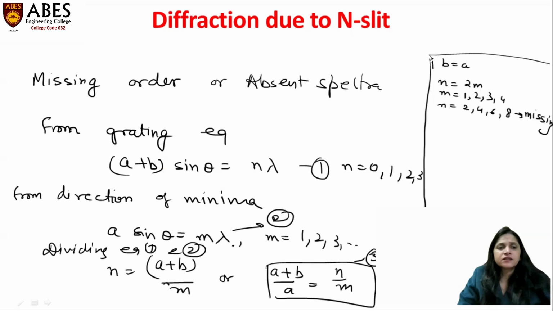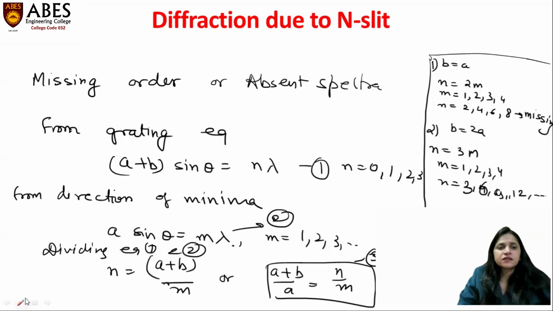Similarly, consider another case: suppose b equals 2a. That is, the width of the opacity is double that of the transparency. Then n becomes 3m. Again, when we put the values 1, 2, 3, 4, we get n equals 3, 6, 9, 12, and so on.